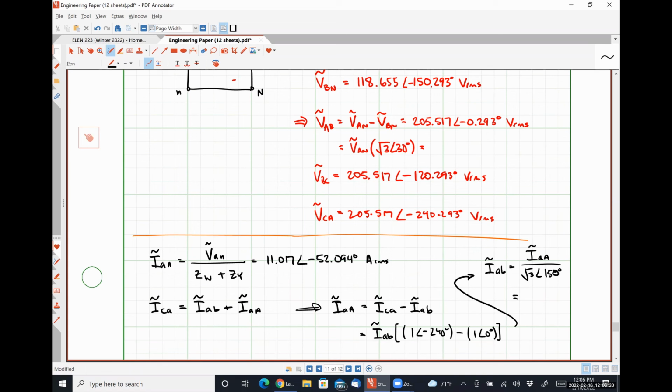I can't do 11.017 over the square root of 3 in my head, but the angle should look like negative 202.094, which would be positive. Add 360 to negative 202. Well, anyway, your calculator could do that too. Yeah, 6.361 angle 157.1, RMS. All righty.